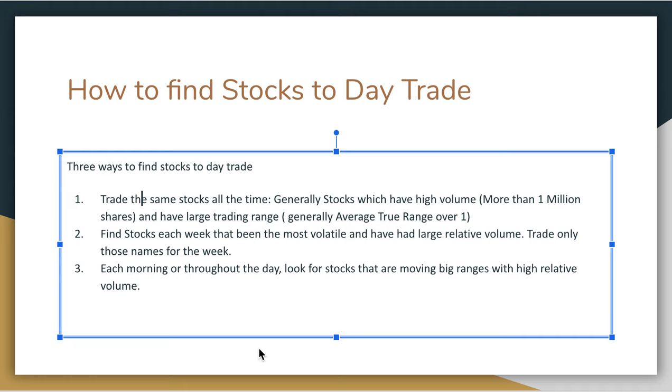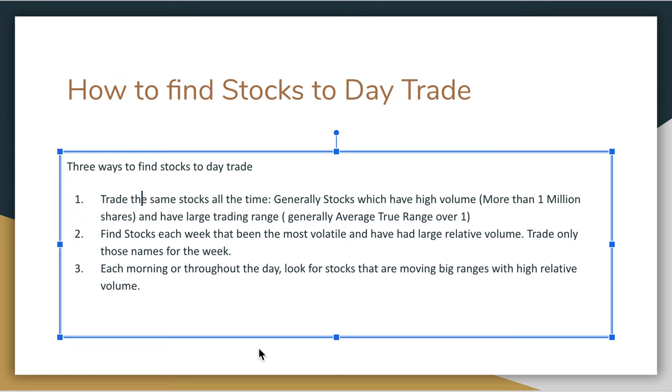If a stock moves 20 cents, you probably won't be able to make a lot of profit out of it. If you have stocks which have $1, $2, $3, $4 moves, there's a lot of range for you to play with. You might be off in your entry a bit, but you have the extra $1 or $2 to really trade.